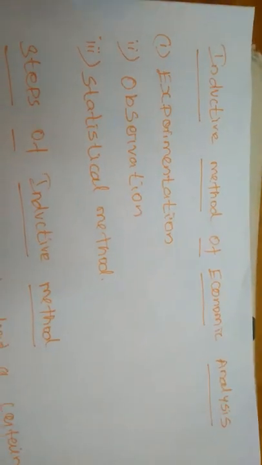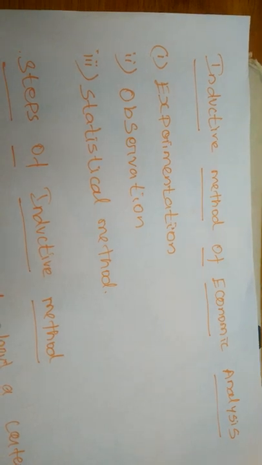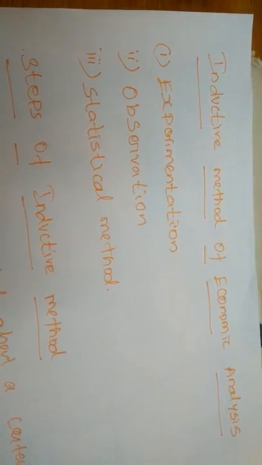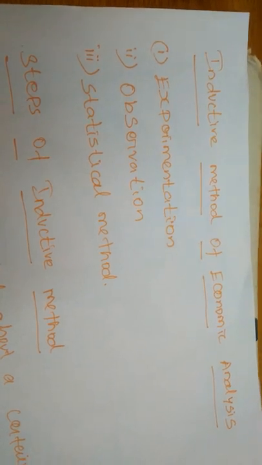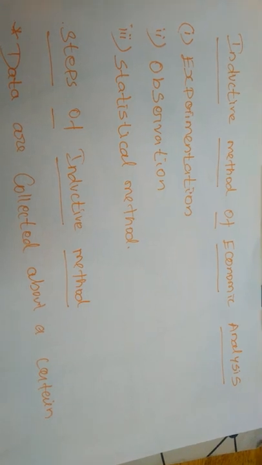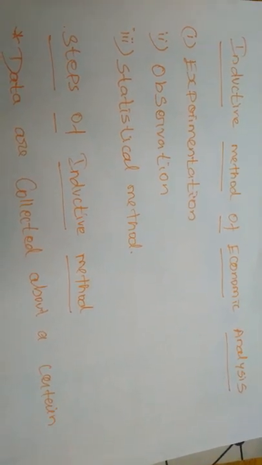The next one is the inductive method. This inductive method is also called the empirical method. Some of the historical school of economists adopted this inductive method for analyzing economic problems and laws.